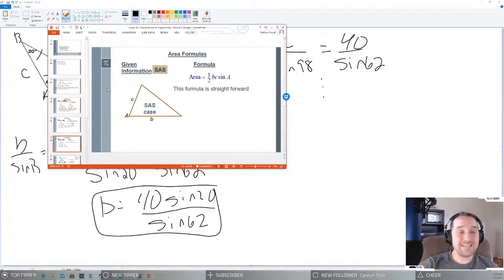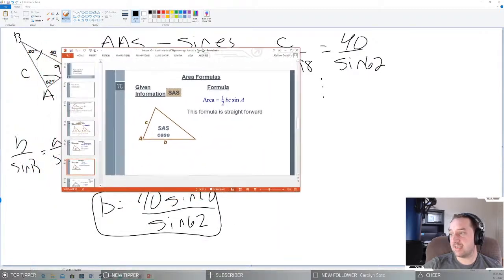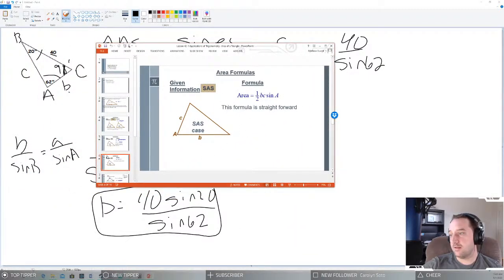Now, the nice thing is once you've found all the sides and angles, you could always use this one right here, which is the easiest one. So if you find all the sides and angles here, technically this is all you have to worry about.